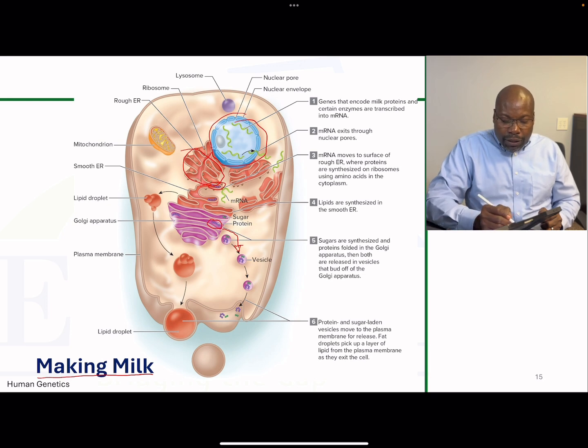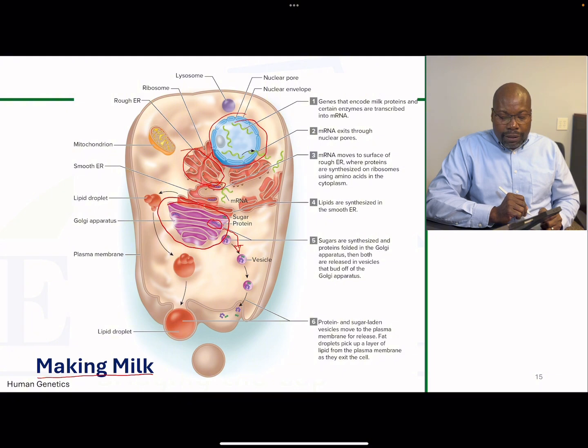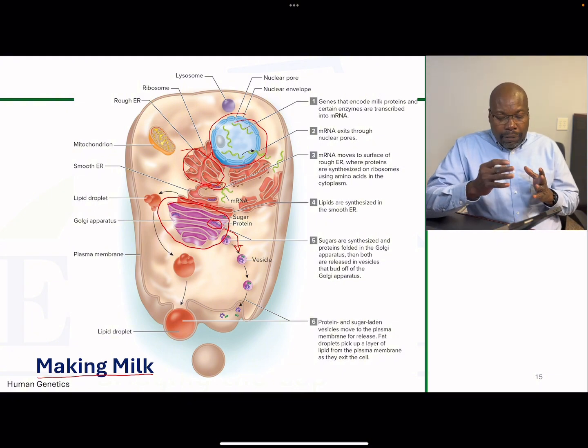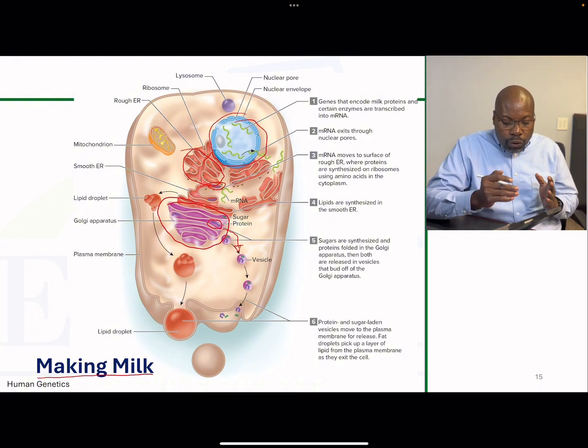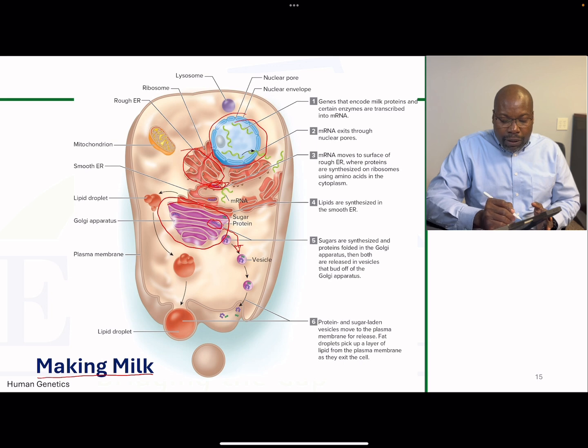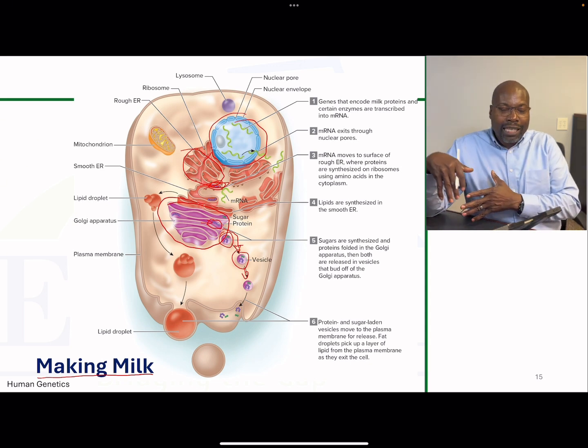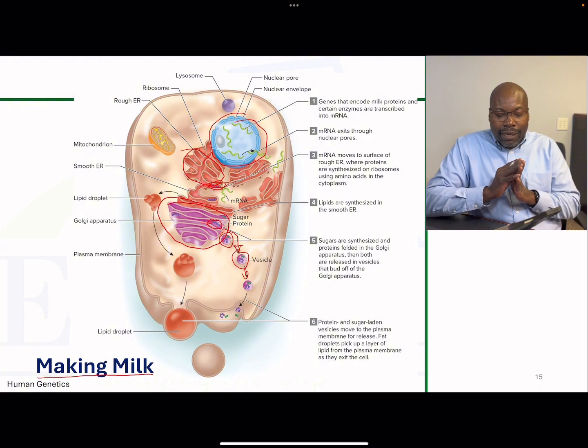From the rough endoplasmic reticulum, we have here the Golgi apparatus, right? And so, again, the proteins that are synthesized through the rough endoplasmic reticulum here are going to migrate to the Golgi apparatus. And from the Golgi apparatus, some transport vesicles are going to form so that these proteins can migrate toward being expelled outside of the cell. So that is the protein segment.